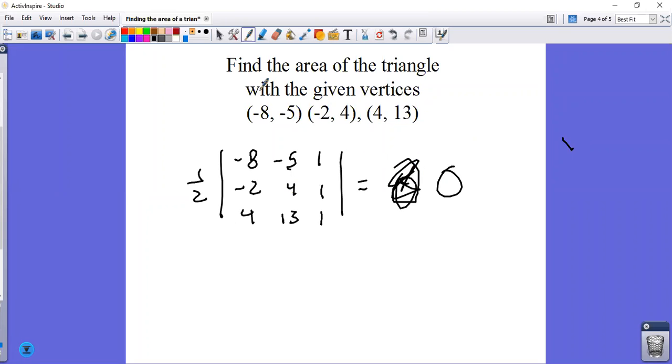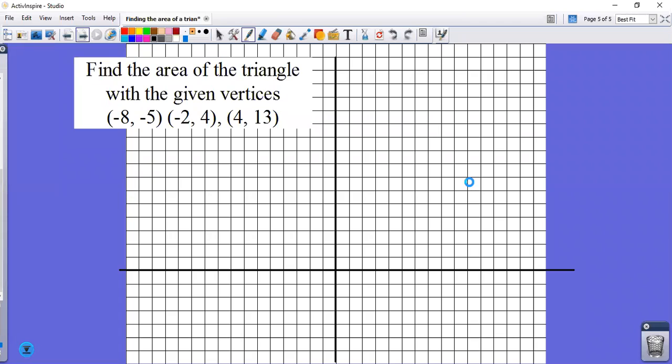Right, so what's going on here? If you look graphically at these points, negative 8, negative 5, negative 2, 4, and 4, 13.